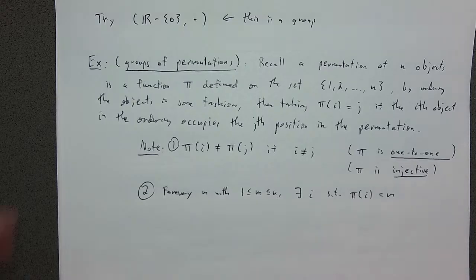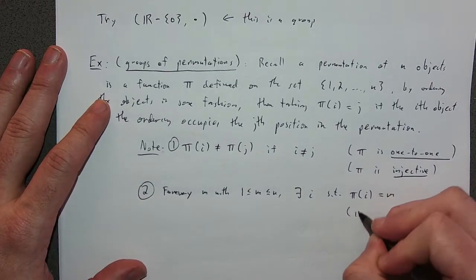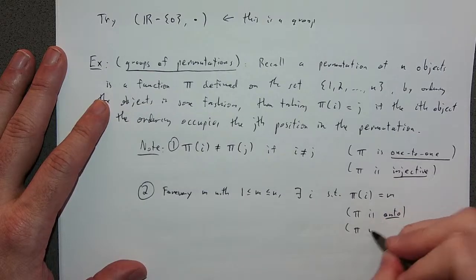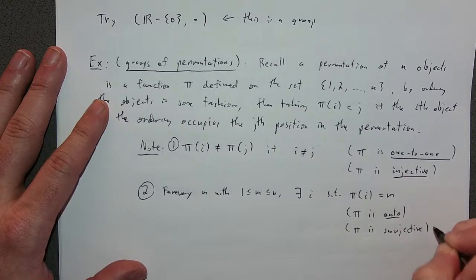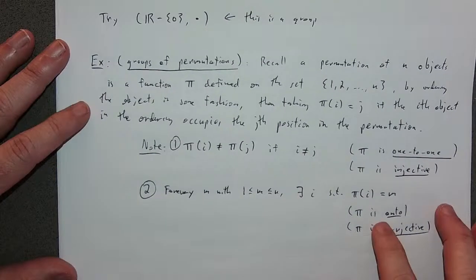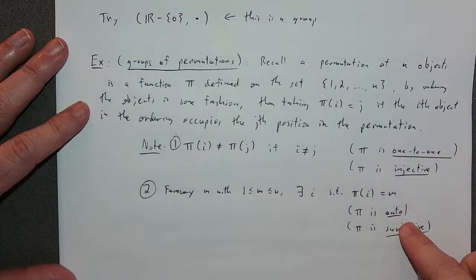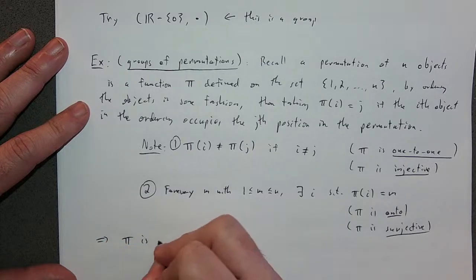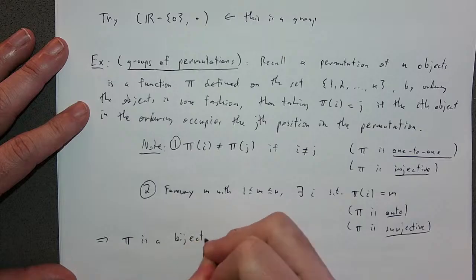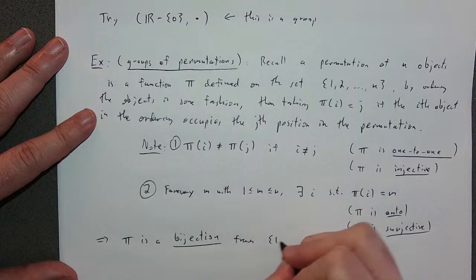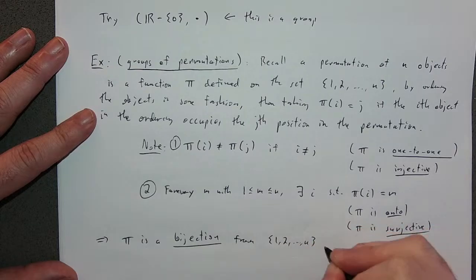This is another way of saying that pi is onto, which another synonym for this is surjective. Okay. A function that is both one-to-one and onto is called a bijection, from the set 1 to n to itself.